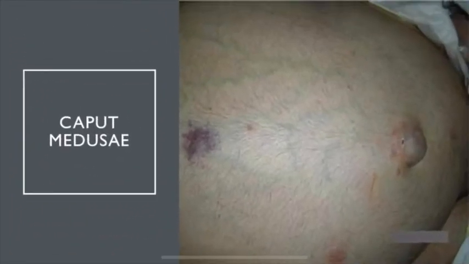So yeah, just an example here of what you'd look for on inspection. You can see that this patient has those distended blood vessels, the visible veins. You can see the bruising on the abdomen there to the left side of the picture. You can see the bulging out at the umbilicus. Obesity usually makes your umbilicus cave inward, whereas ascites, or increased intra-abdominal pressure, will cause it to come outward.